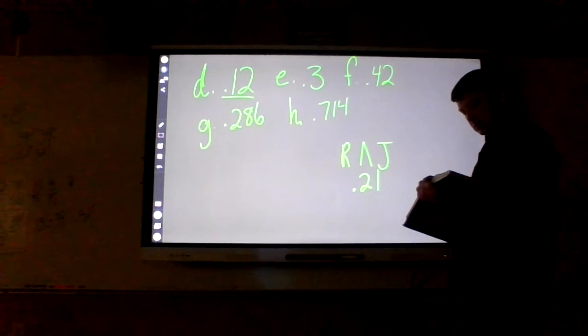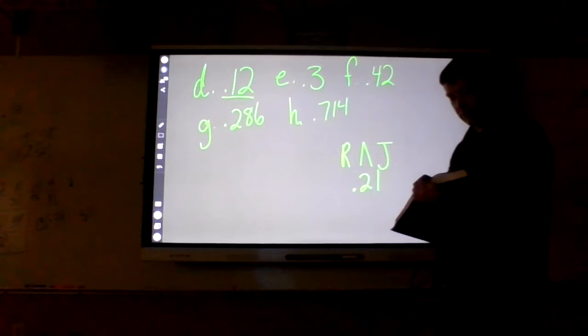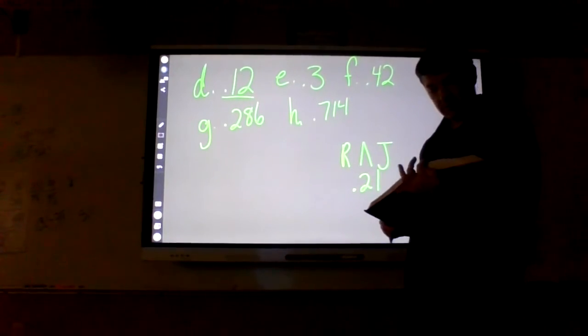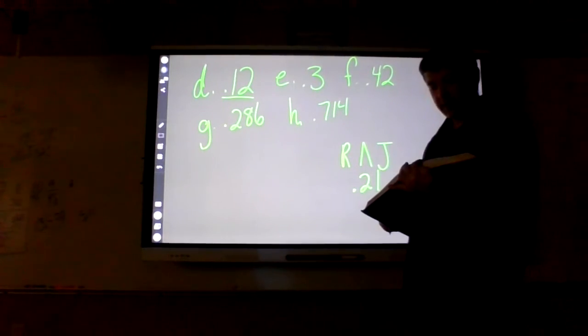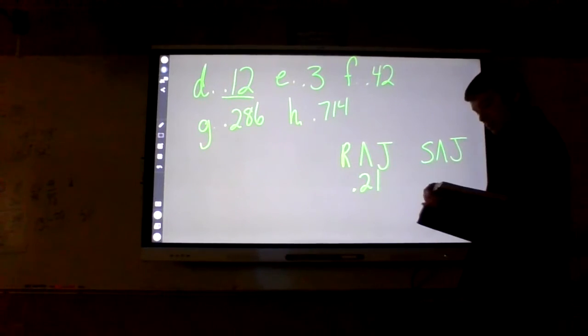We're just doing G and H. I thought we were doing 2D. You said 0.7 and 0.3. Am I looking at the wrong side? Oh, it's on the left side. I'm R and J happening, so I'm on the left side. So R is 0.3 times 0.7. Okay, and then the probability of S and J happening is 0.3 times 0.5, which is 0.15.